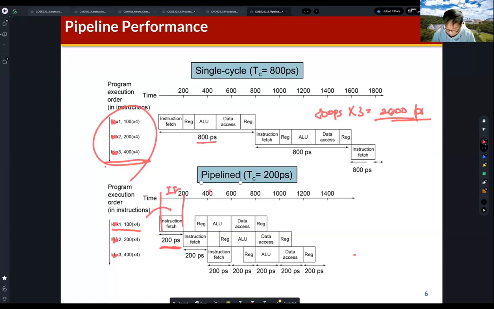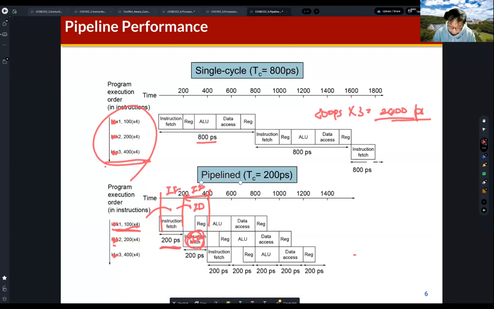And then for the next 200 picoseconds, the first load word is transferred to the ID stage, and the second load word is in the instruction fetch stage, right?